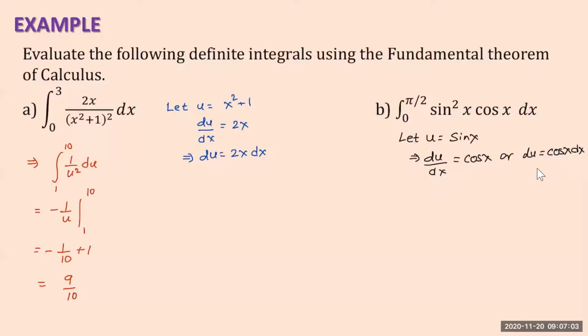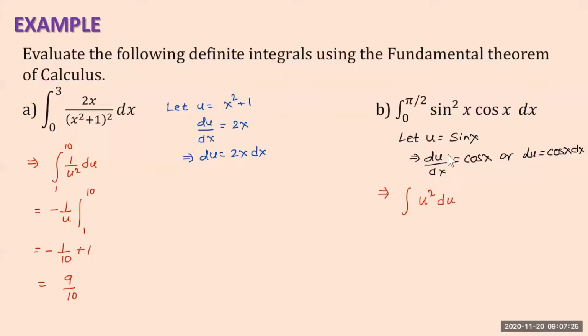Now we can make this substitution over here. So let's see what we get by making that substitution. Integration. So sine x is u, but here the sine is squared, so that's u squared. Then here we have cosine x dx. Cosine x dx is du.